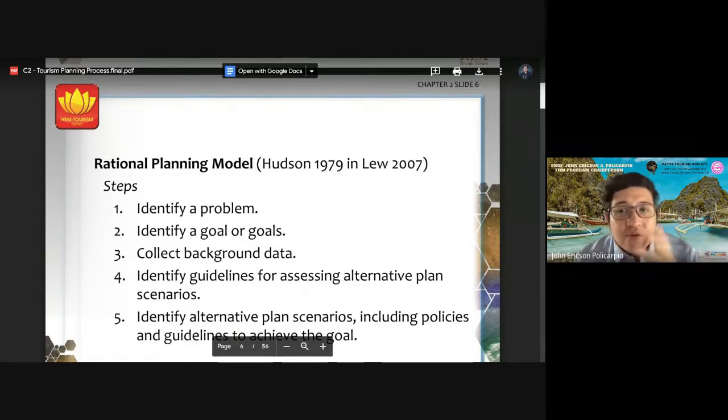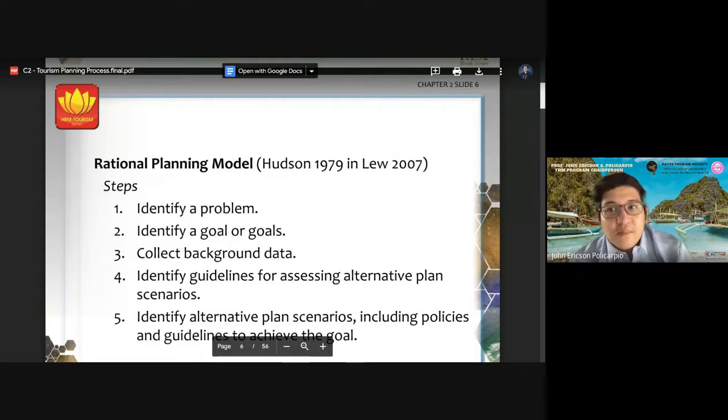But most of the time, if we're actually adopting that, we try to take sides in terms of our alternative courses of action. But if we do it the other way around, like setting the guidelines first before we do the alternative plans, the tendency is that when you create your alternative plans, you make sure that the alternative plans are aligned with all of the criterias.